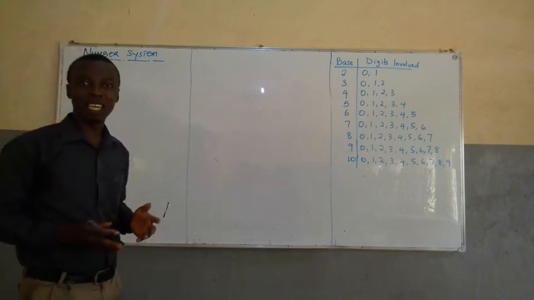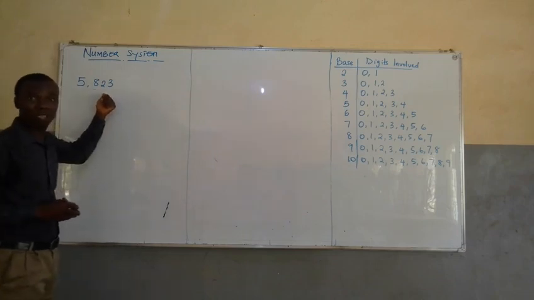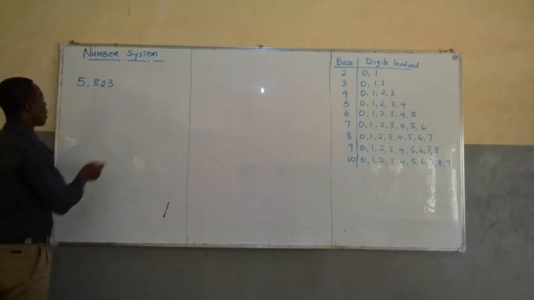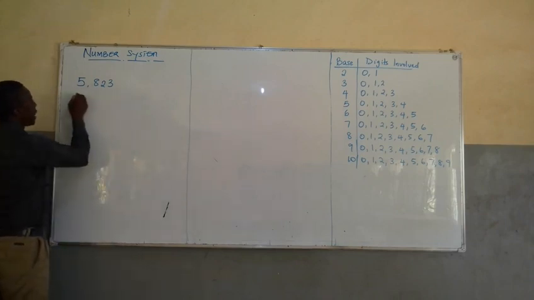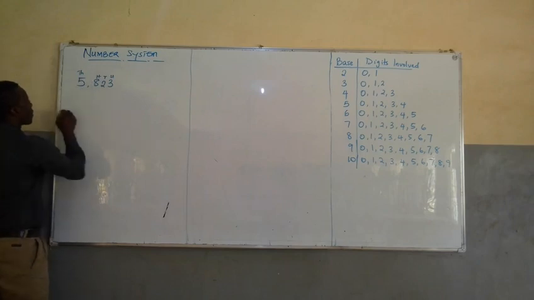Now why do I say these numbers are written in base 10? Let us look at the place values of each of the digits that make up this number. Let me start from here. This is the units, the tens, the hundred, and then the thousand. So I have 5 here.